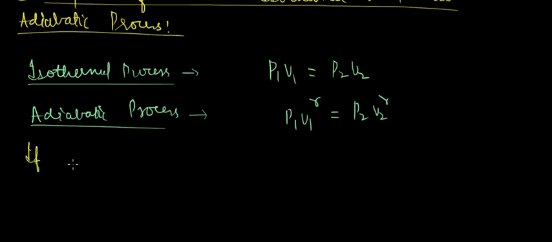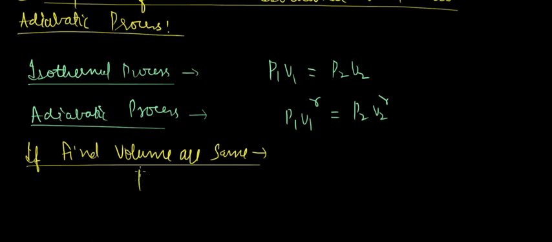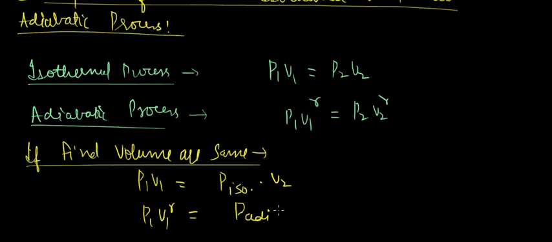And if final volumes are same, then we can write that P1 V1 equals, let's say, P isothermal times V2, and again P1 V1 to the power gamma would be equal to P adiabatic times V2 to the power gamma.